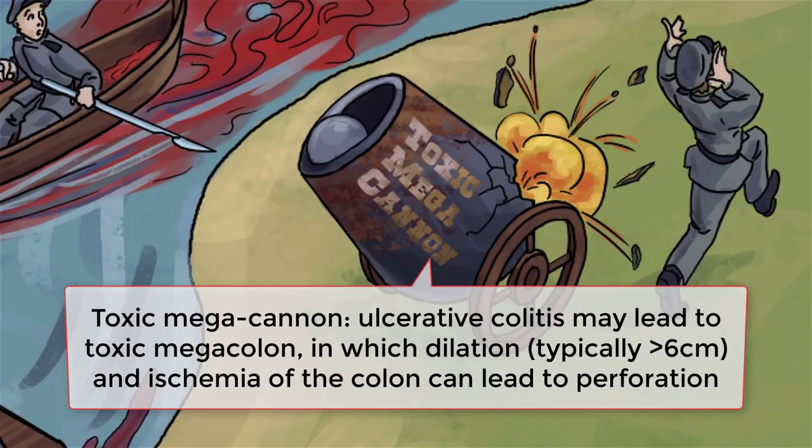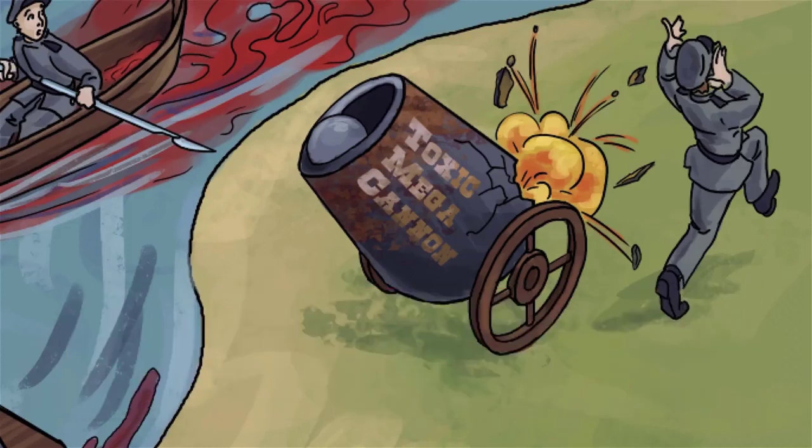Toxic megacolon, also known as fulminant colitis, is a late complication of ulcerative colitis in which inflammation extends to the smooth muscle layer, paralyzing the colon and rectum and leading to severe dilation of the colon and systemic toxicity. The right colon is typically more dilated than the left, but any segment dilated greater than 6 centimeters in combination with clinical findings is enough to diagnose toxic megacolon.